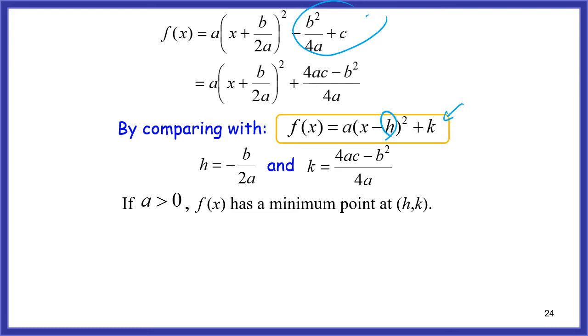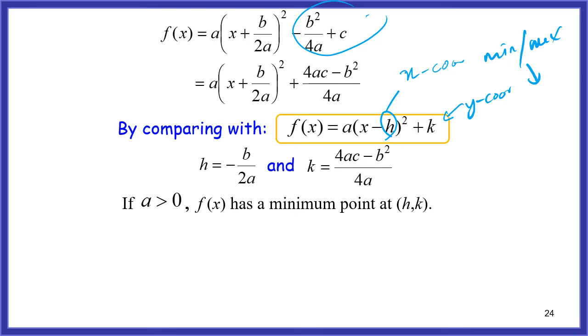What is h? h is the x coordinate of the minimum or maximum, and this value k is the y coordinate of the minimum or maximum value. So we compare from this general form to the complete square form.